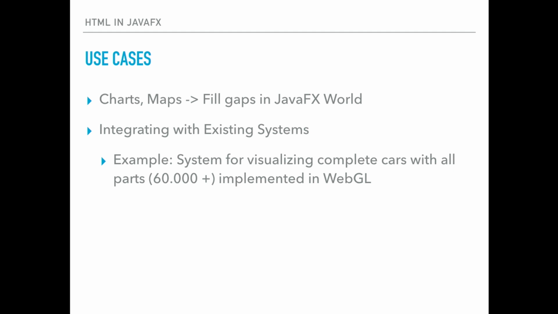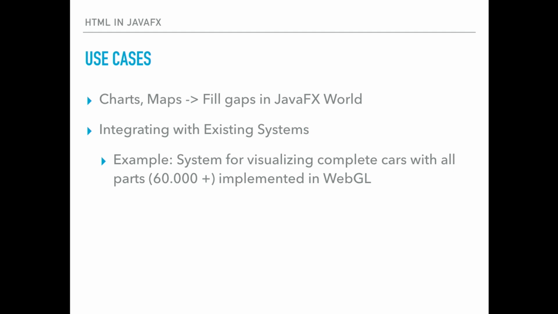And another example where it's important to be able to integrate with HTML is really in the enterprise. So, for example, last year I had to do some integration. It's a big company and they have an existing system that is able to, for example, render a full car with 60,000 parts in 3D based on WebGL.